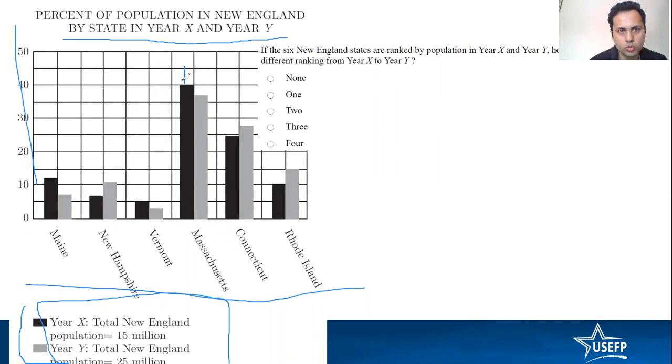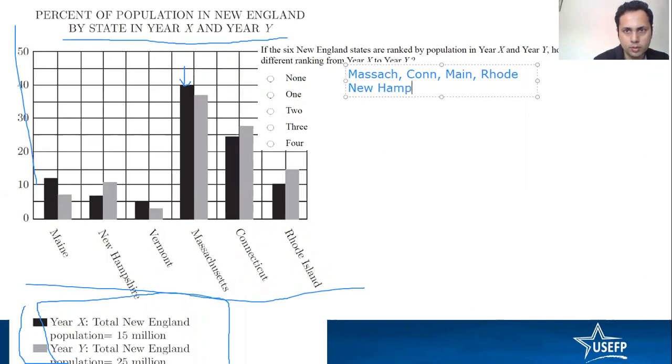It was Massachusetts, then Connecticut, then Maine, then Rhode Island, then New Hampshire, and then Vermont.